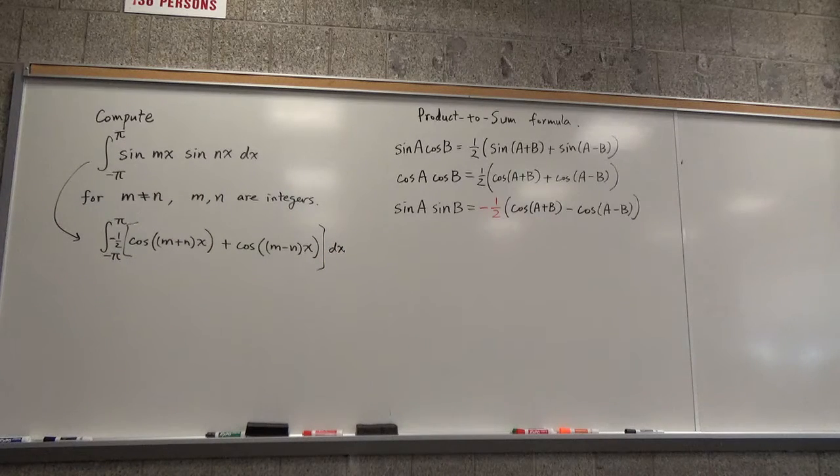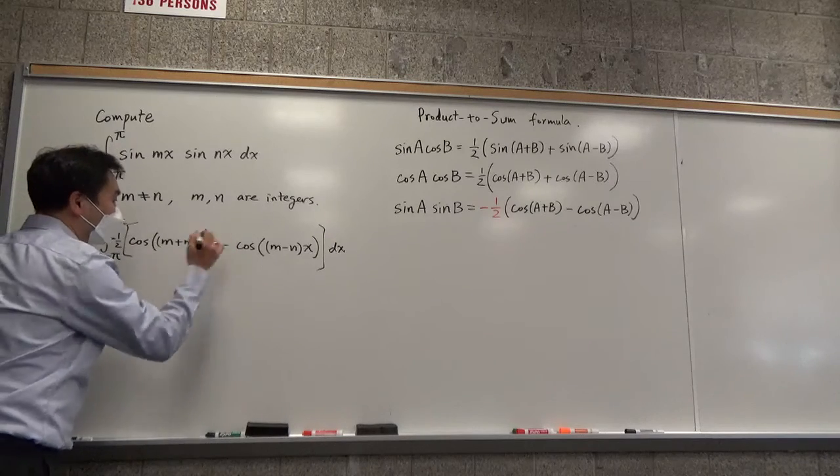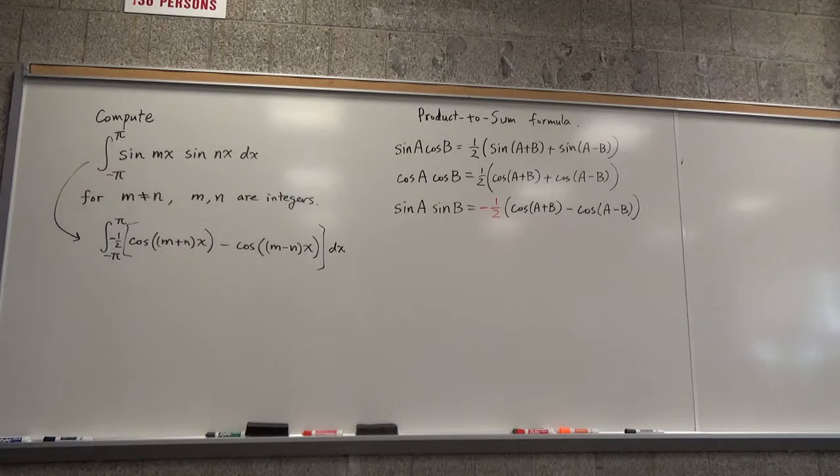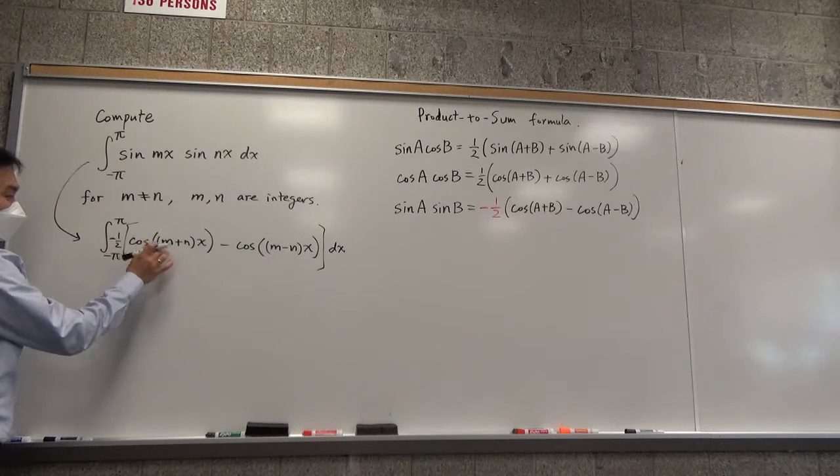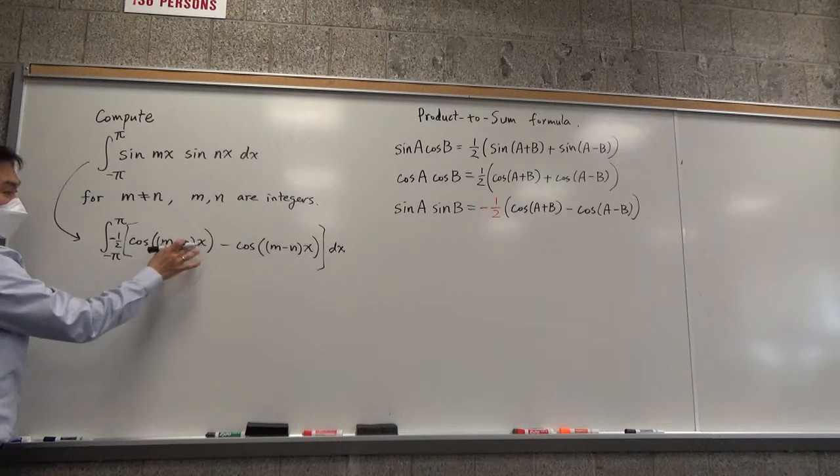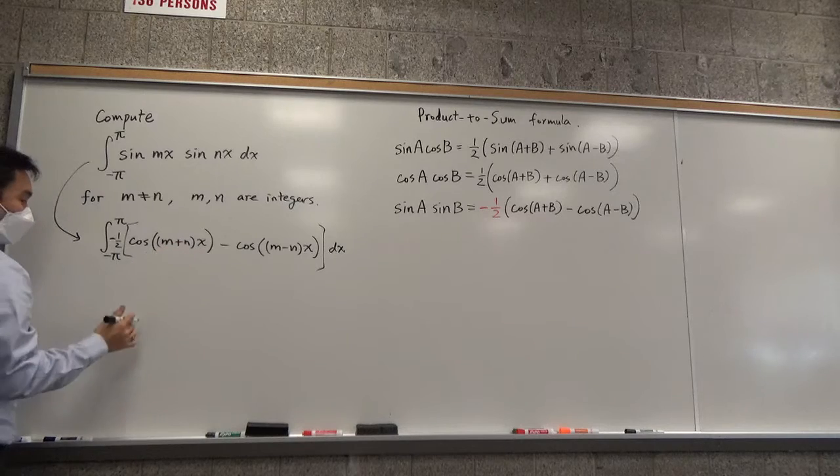Why is it plus cosine? Oh, it should be minus, thank you. All right. Now, we know that the integral of cosine is sine, but because of the chain rule, the reciprocal of this number should be in front. Okay?